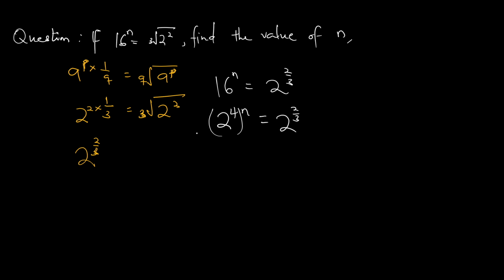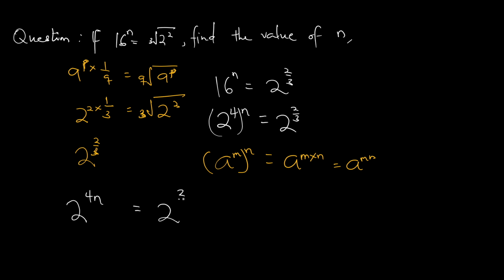Now, from our rule of indices, (a^m)^n is equal to a^(m times n). So 2 raised to the power 4, all raised to n, is equal to 2 raised to the power 4n, which is equal to 2 raised to the power 2 over 3.